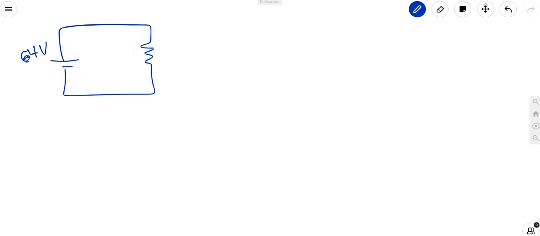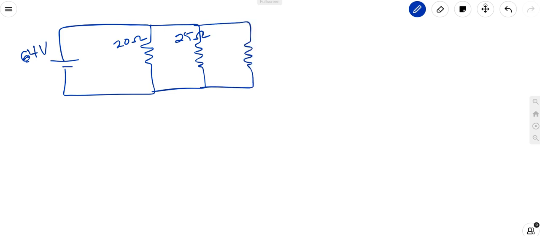Alright, so in this one we have a parallel circuit. The power source is 64 volts and it's connected to 4 resistors. So the first resistor is 20 ohms, the second resistor is 25 ohms, the third resistor is unknown, but the fourth resistor is 50 ohms.